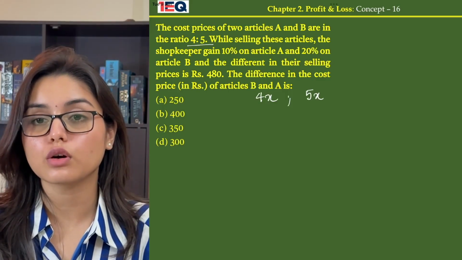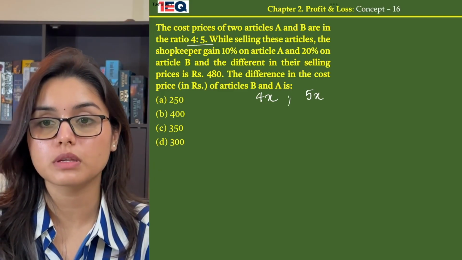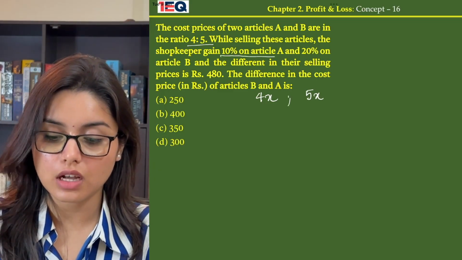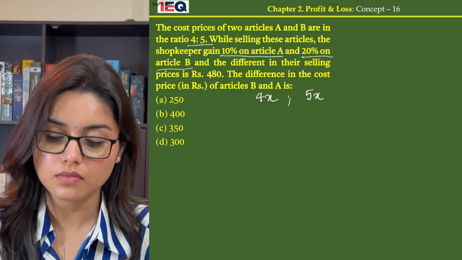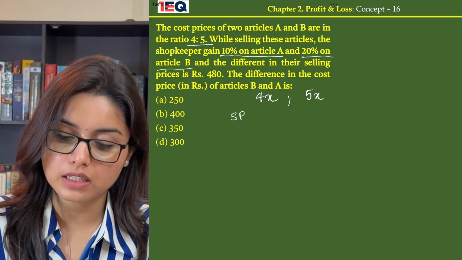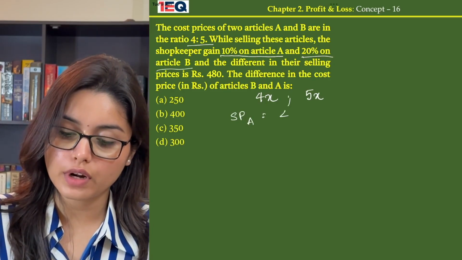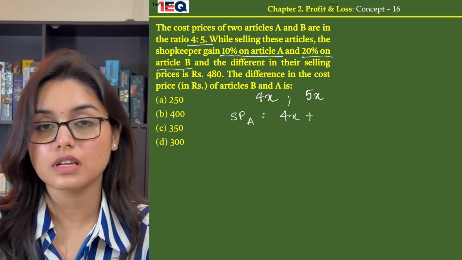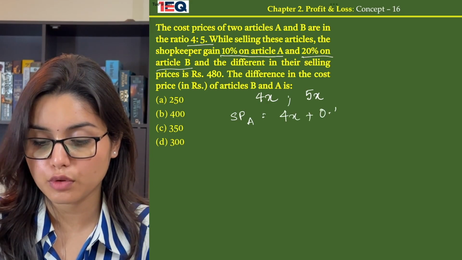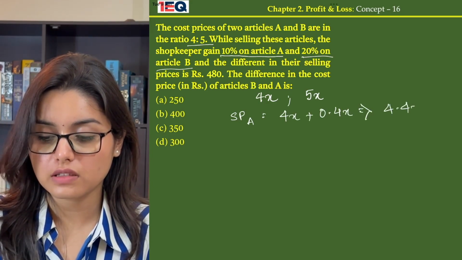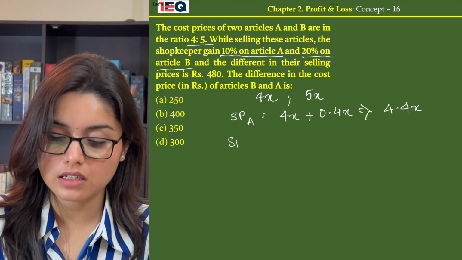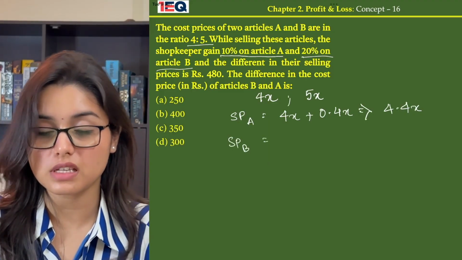Then we find out that on selling these articles, the shopkeeper gains 10% on article A and 20% on article B. So the selling price of article A is 4x plus 10% of 4x, that is 0.4x, which gives us 4.4x. On selling article B, he gains 20% profit.